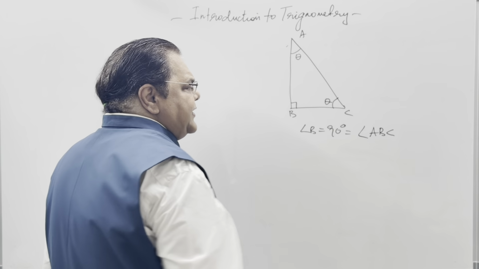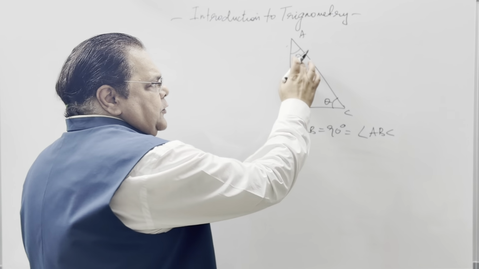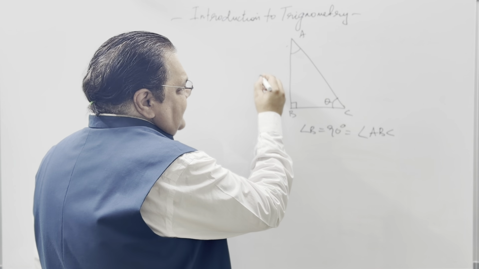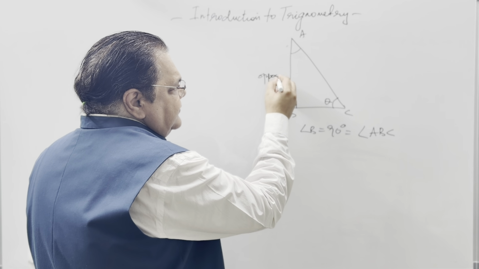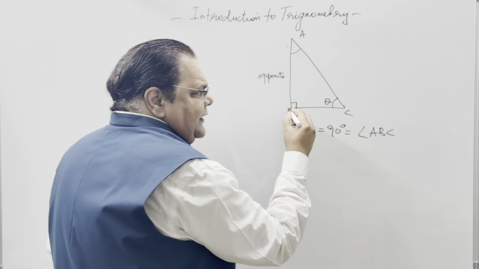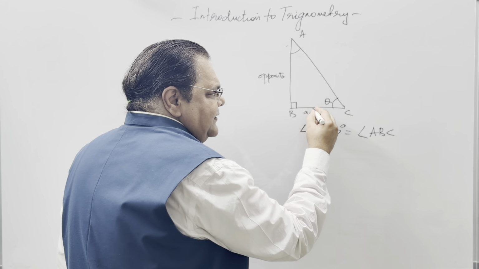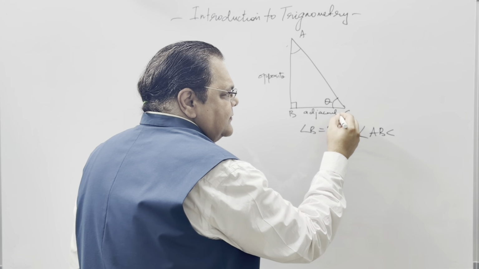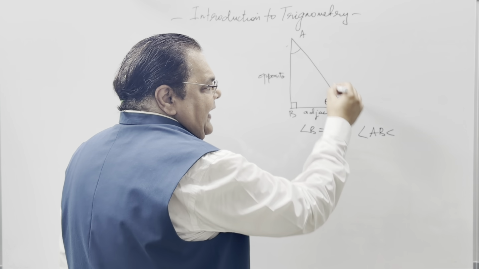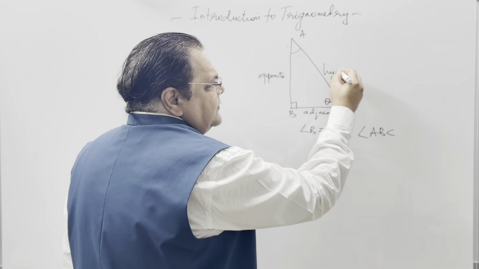In this right angle triangle, with respect to angle theta, this is the opposite side. And with respect to angle theta, this is the adjacent side. And side AC is the hypotenuse.